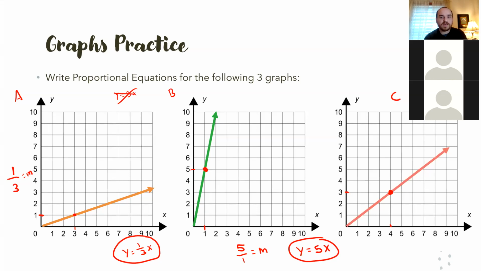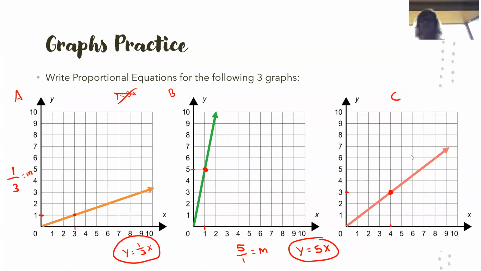That's the correct slope, Taven. Now just put it in an equation. Close.